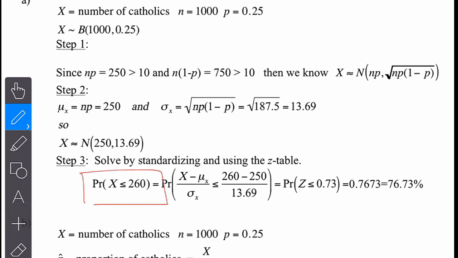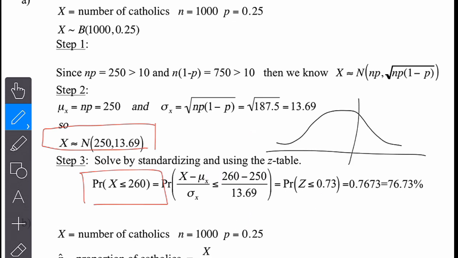To answer it, now that I've used the normal approximation, here is the variable I want to use in approximation. So I just standardize, and I get a value like a z-score for the z-table. I get 0.73, so being 0.73 standard deviations from the mean.